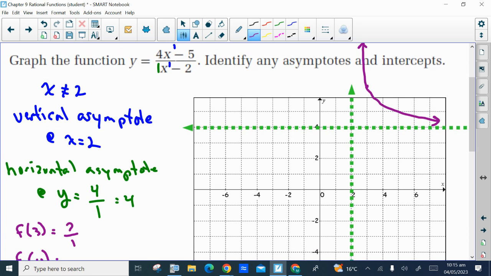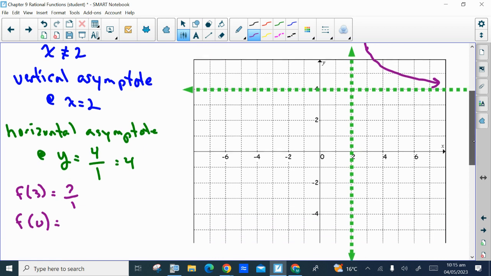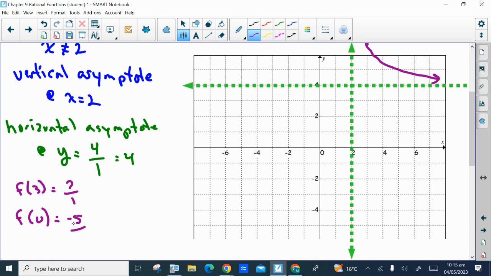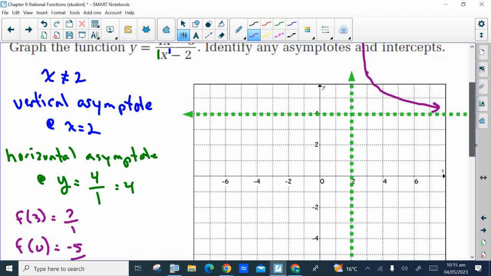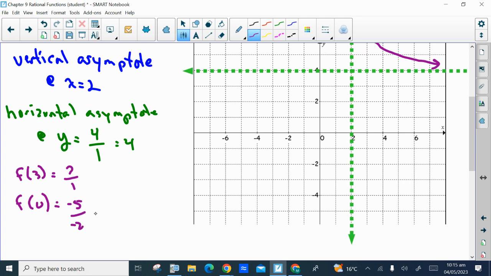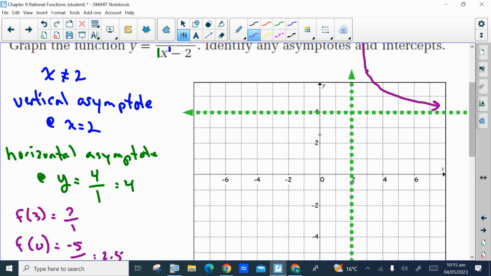So when x is 0, you're going to get 0 take away 5, which is negative 5, over 0 minus 2, which is negative 2. So that's positive 2.5. When x is 0, y will be positive 2.5. So again, that just confirms that that branch is in that lower left-hand quadrant. And remember, our graphs always have arrows on either end.